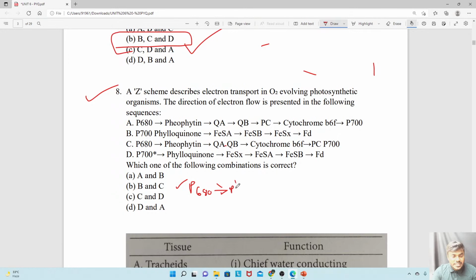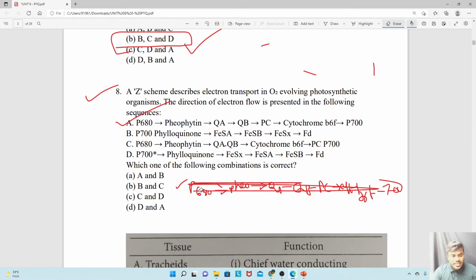From the P680, pheophytin. From the pheophytin, plastoquinone A, plastoquinone B, plastocyanin, cytochrome b6f and P700. So obviously option A, look into this. They said P680, pheophytin. I'm so sorry friends, one second, let me write here.